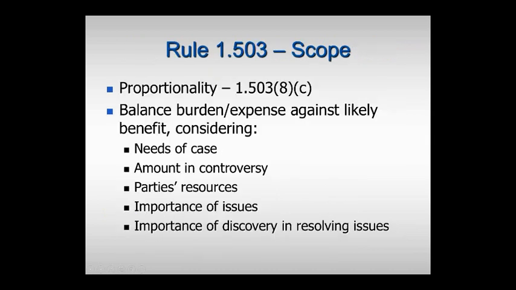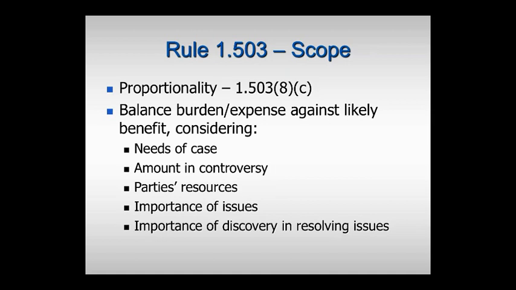The scope of discovery has a really big change in it, and that's what I would call proportionality. The standard language under the scope of discovery rule has been amended to provide for proportionality with respect to discovery.